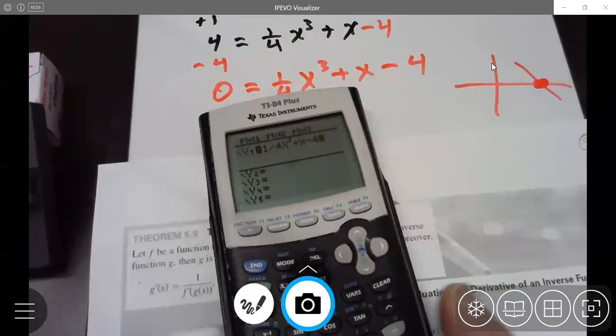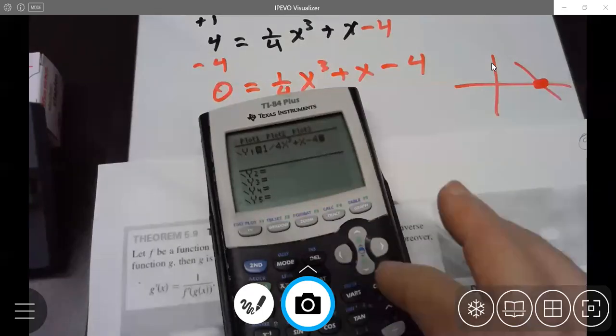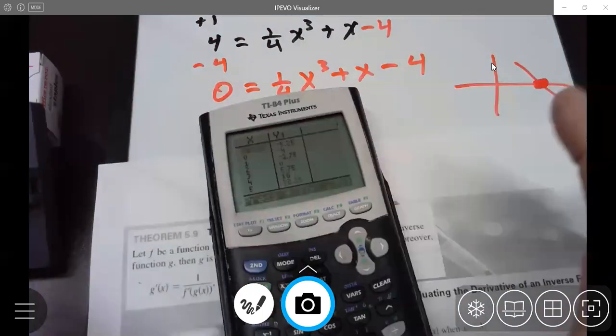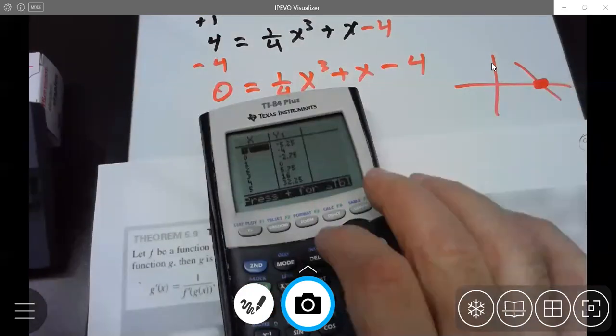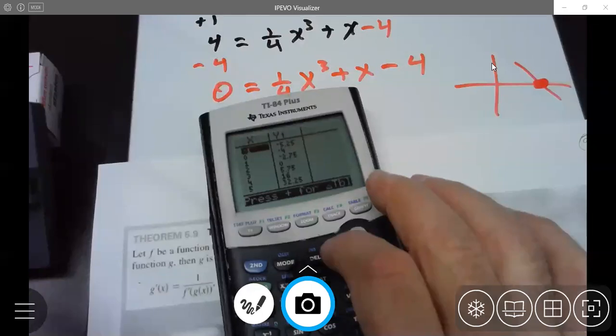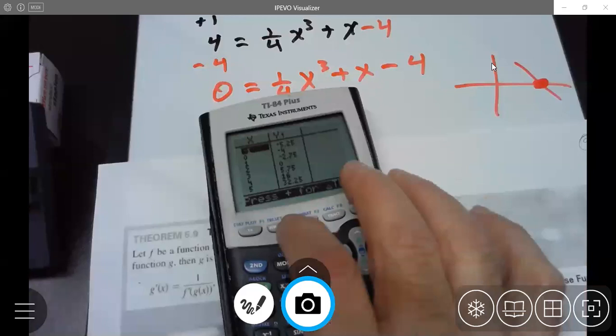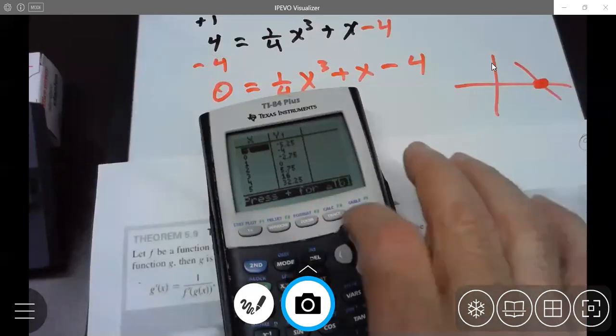And if we go to second and table, or another way we can do it is just go to graph.